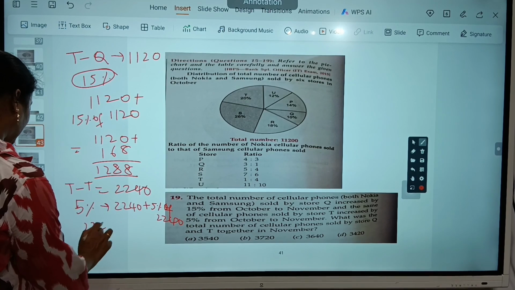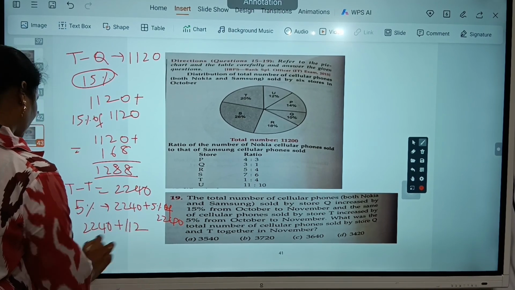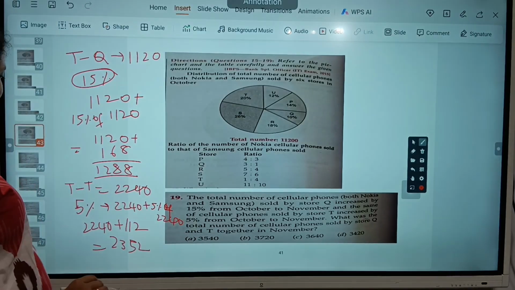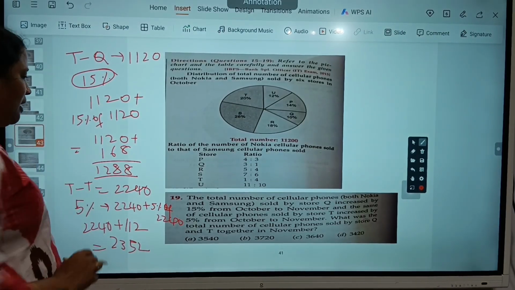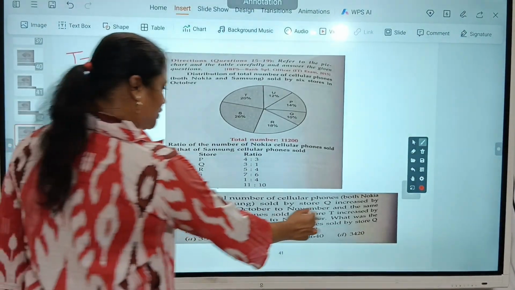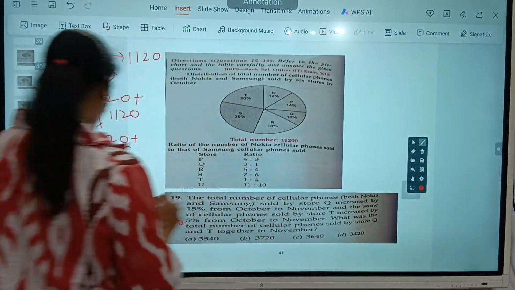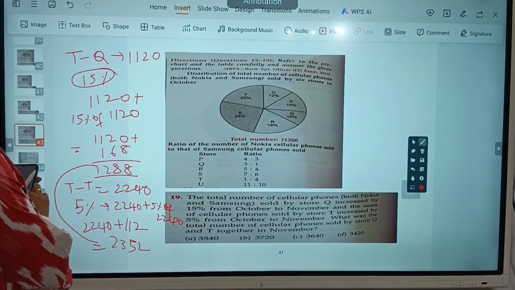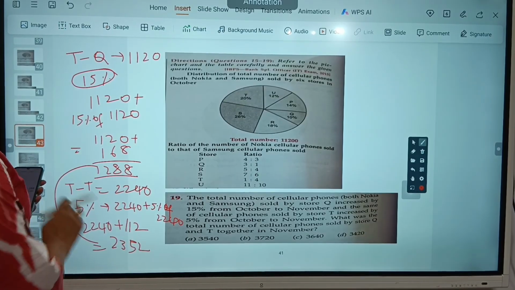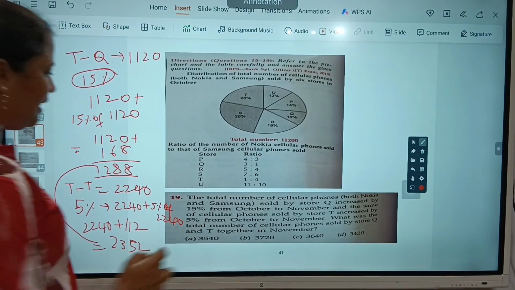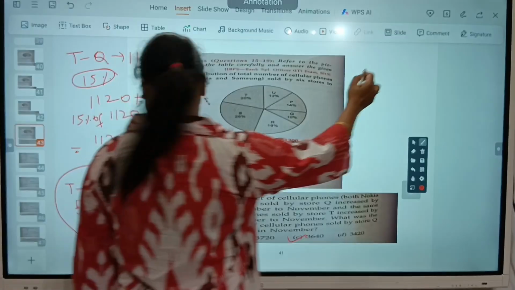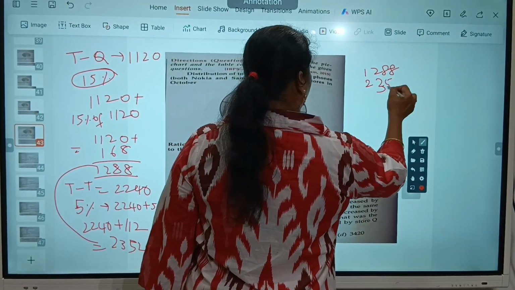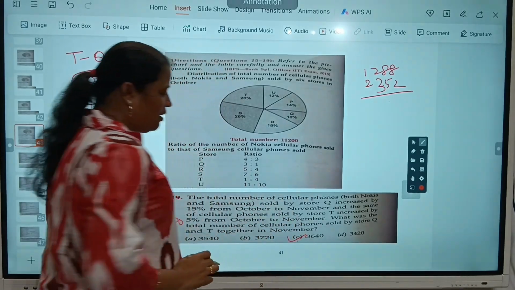So 2240 plus 112. So it is nothing but 2352. We got two answers now. What was the total number of cell phones sold by Q and T together in November? Now we have to add up these two values. 2352 plus 1288. We will get 3640. We will get the answer C.